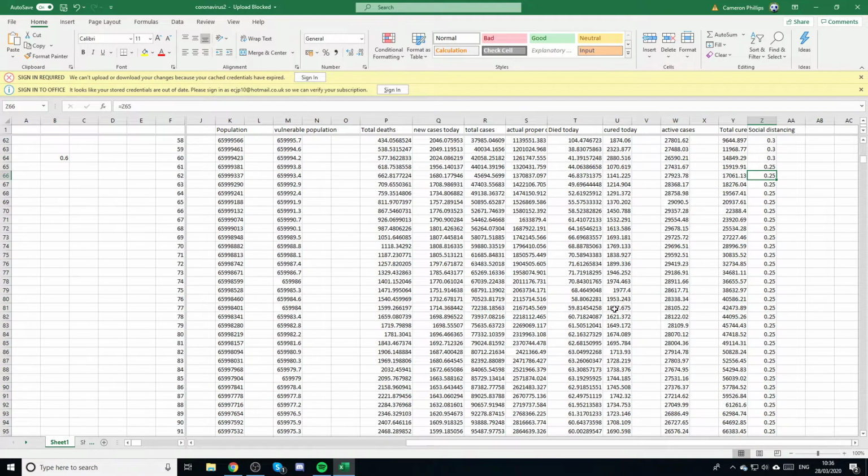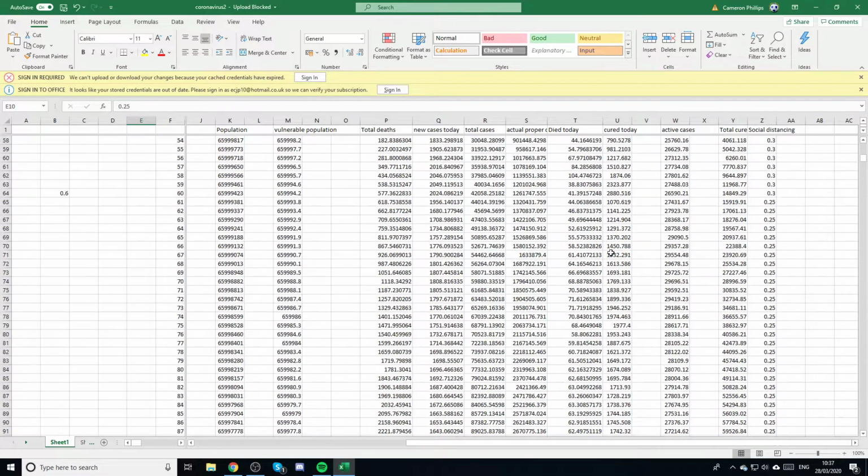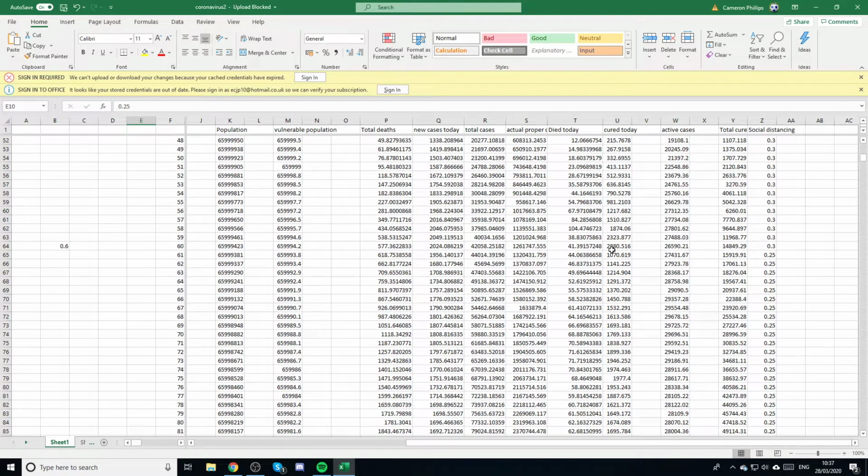By day 77 more people are getting better than are getting ill, and that's a quarter of our initial 0.25 infection rate. So if we can get our infection rate down to a quarter of what it was 2 weeks ago by this social distancing, the numbers start to fall, and the numbers start to fall rapidly. I'll leave you with that.